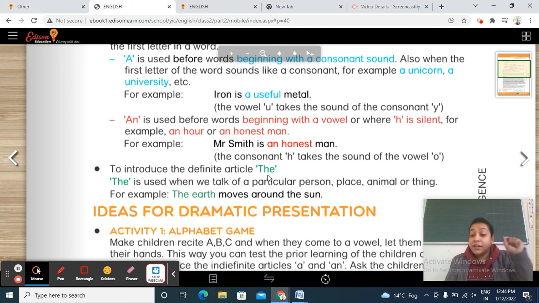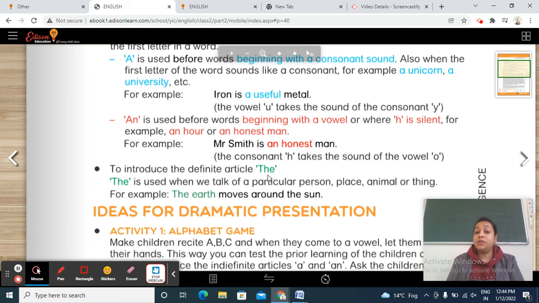Unity starts with u, but the sound is y. When u gives the sound of a, as in umbrella, then an will be used. An umbrella, not a umbrella. Getting this point? This is the first rule, the basic rule of u.